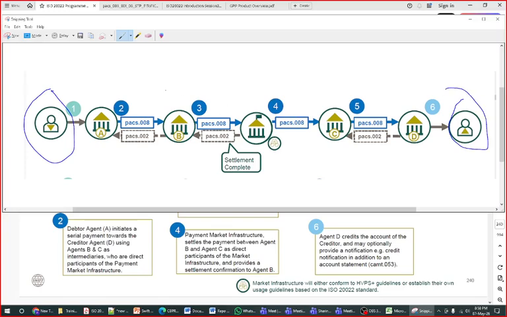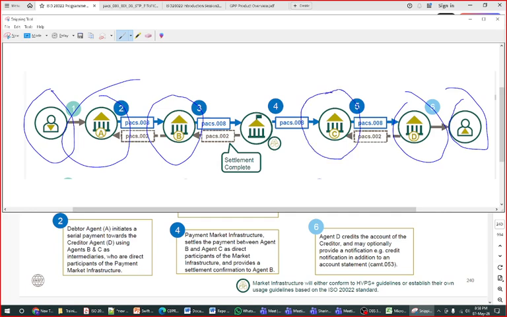We have one debtor agent here, one creditor agent here. We have one correspondent bank from the sender side, so we call it intermediary agent, and an intermediary agent from the receiver side. And this is the market infrastructure which is settling the payment. So in simple way, say that A is initiating. We'll see how it's mentioned here.